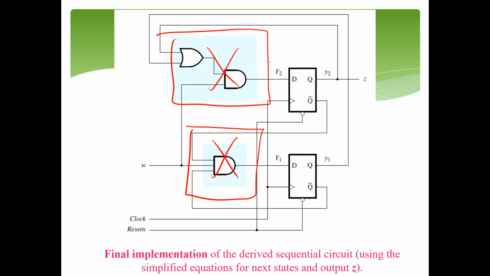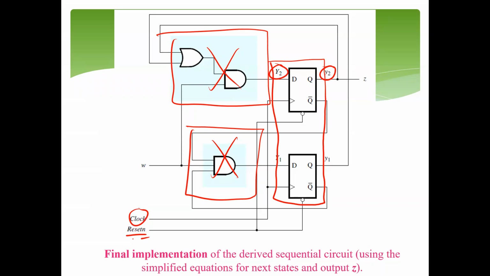So what we have left is only writing the code for these 2 flip-flops, and these 2 flip-flops are easy. All you need to do is make the value of y2 equal to the value of capital Y2 on a positive edge of the clock.